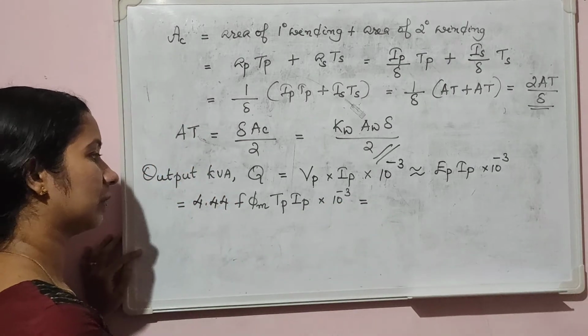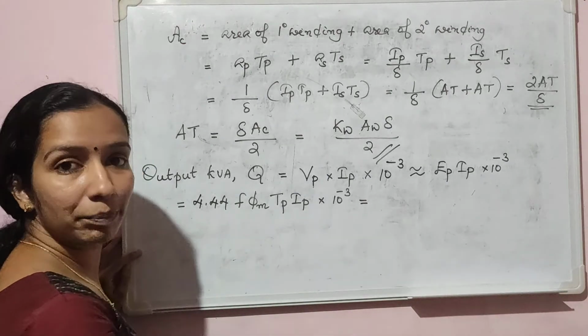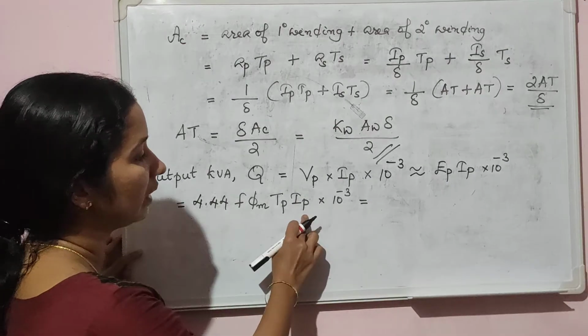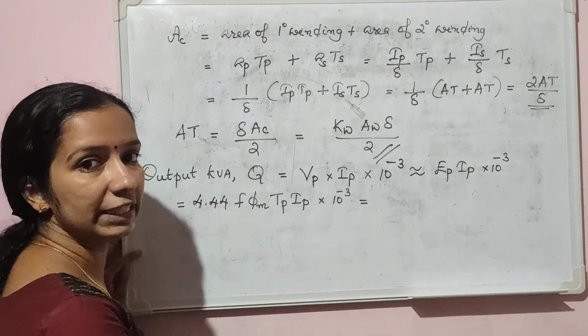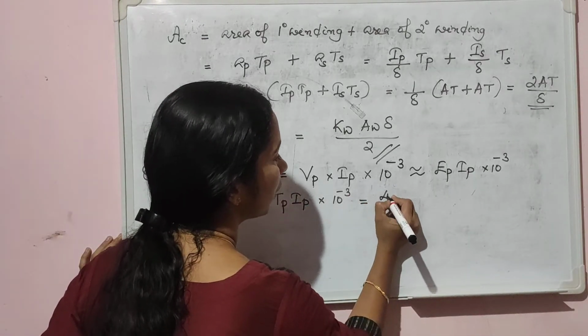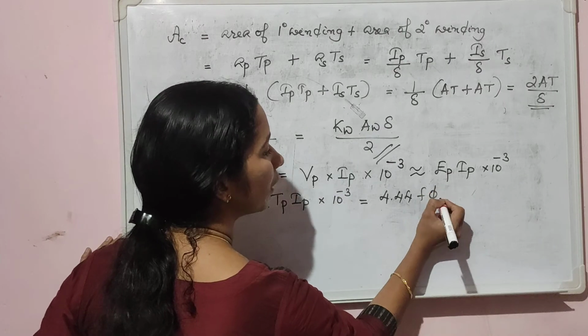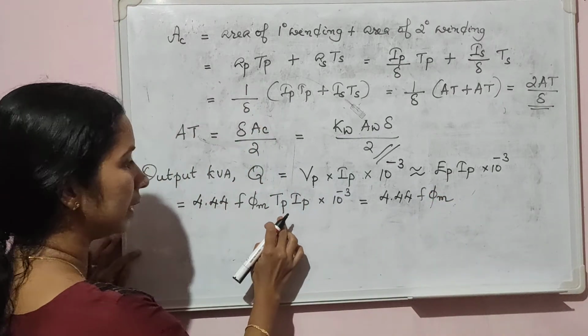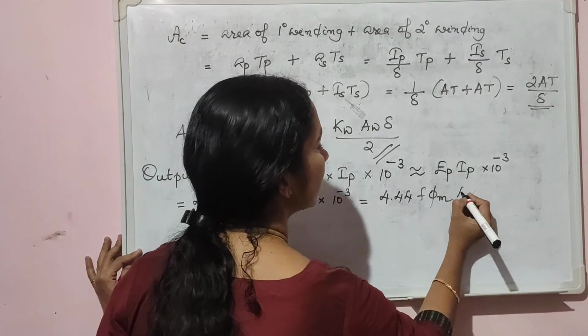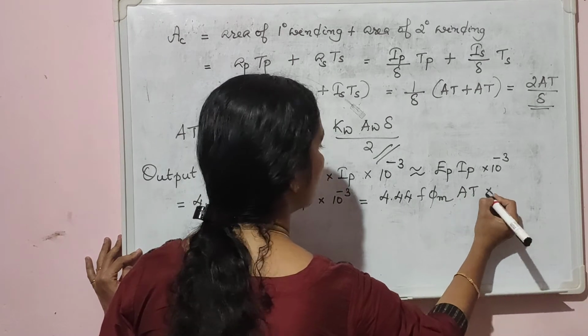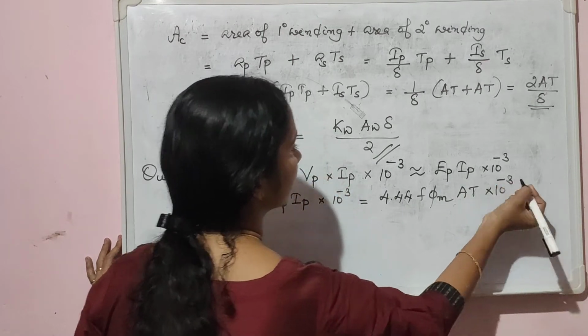Okay. So what is TP into Ip? It is nothing but the AT. So 4.44 F into phi m into TP into Ip is AT into 10 raised to minus 3.